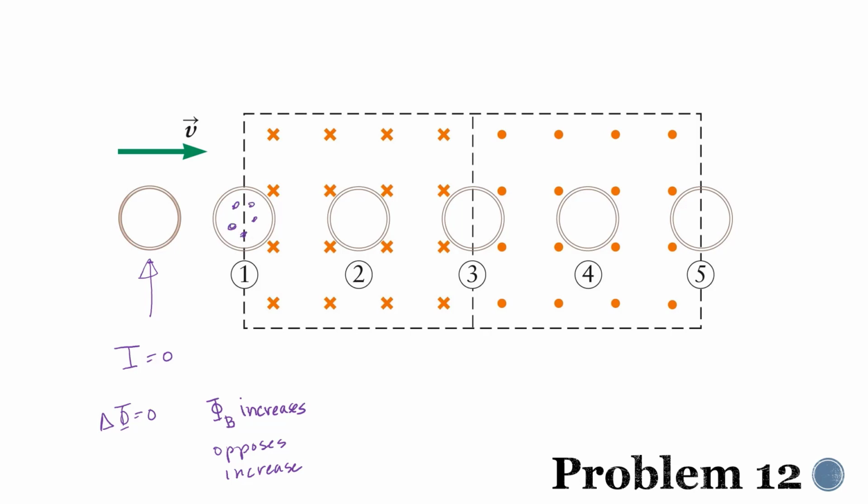And so to do that, I'm going to put my fingers in the direction of the field, which is pointed out of the screen in the middle of the loop, and my thumb then moves around, and I've got a counterclockwise current. Once the loop is completely inside the field, at position 2, anywhere I move it around inside of this field, the current will not be induced because there is no change in the flux.